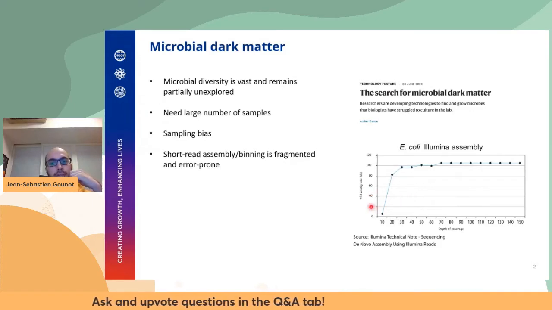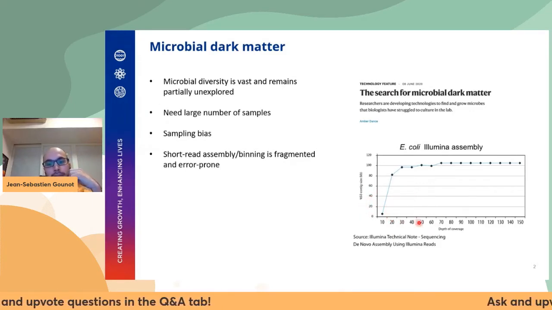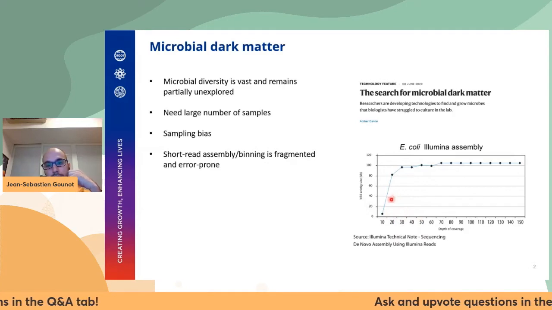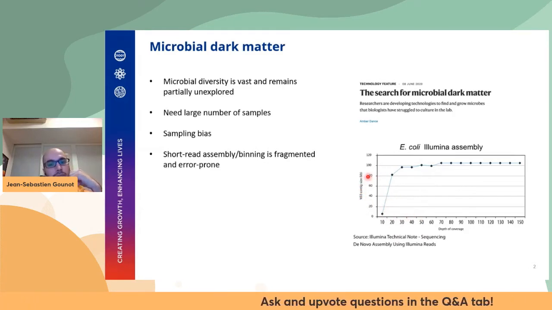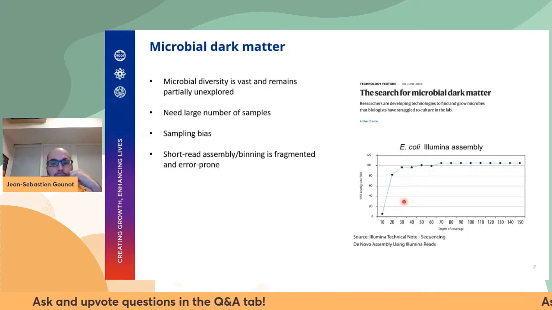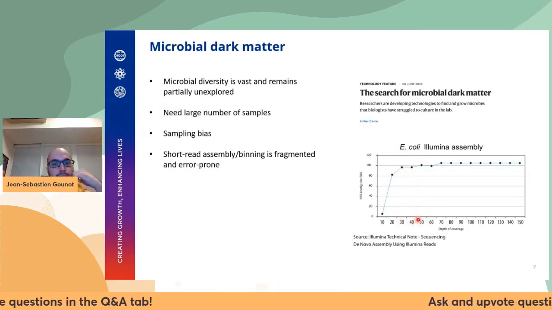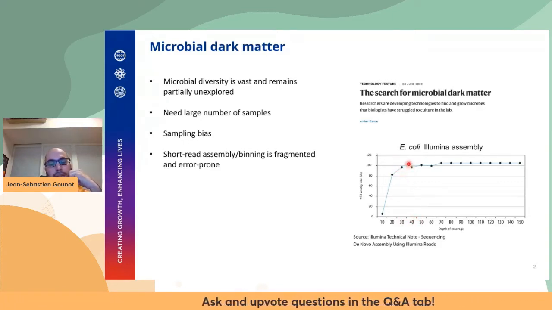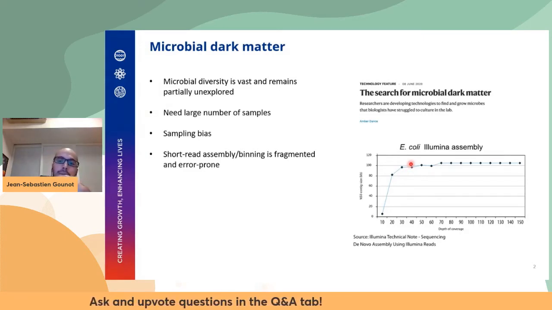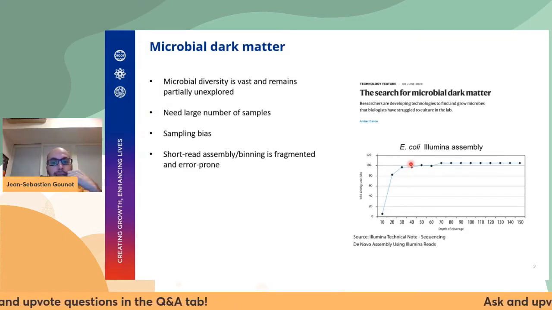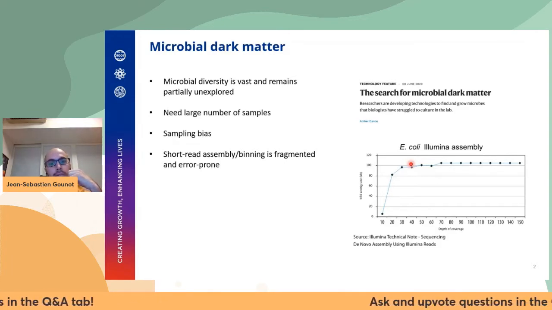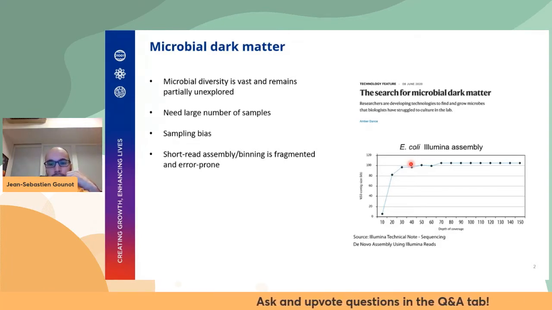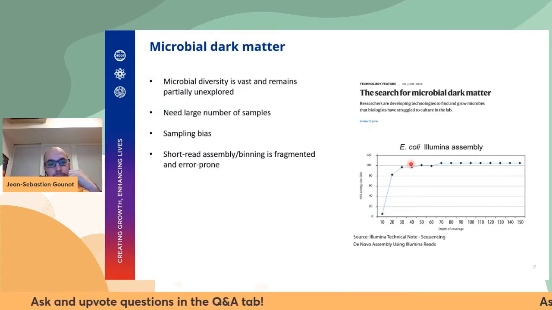On the right, there is a very simple graph showing the depth of coverage required to link to the contiguity of an assembly for a simple E. coli assembly using Illumina reads. You can see that you need at least 30x coverage to provide a decent assembly for E. coli. So for an isolate, it's quite simple. But when you talk about metagenomic assemblies, having 40x coverage, especially for the low abundant species, is quite difficult. So this leads to fragmented and error-prone assemblies, which makes the whole analysis difficult.